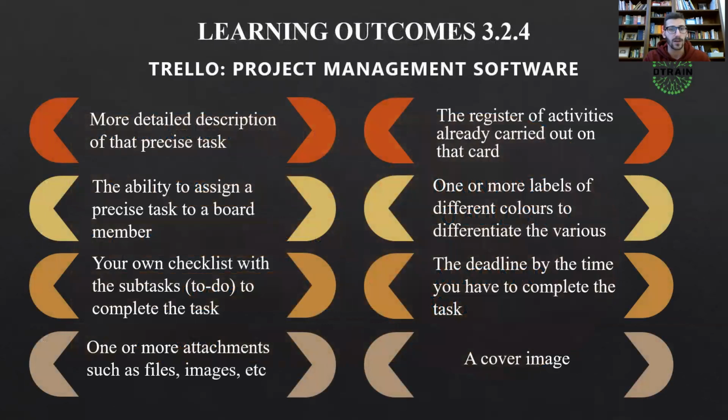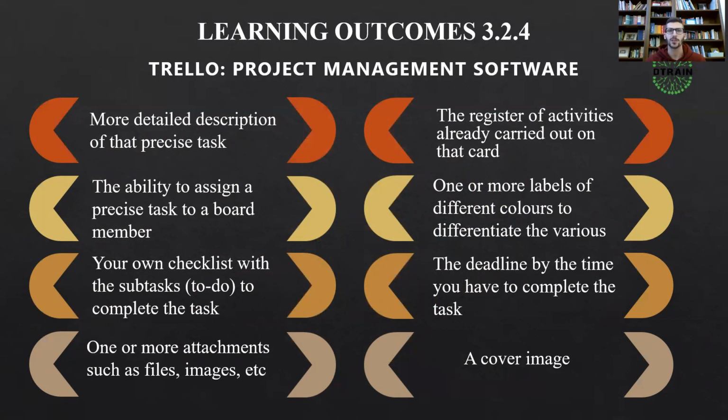The fourth outcome is about Trello, the project management software. To be able to keep the creative process under control, the trainee must know how to use specific management programs that can help him or her for this purpose. Below, we can study particularly Trello.